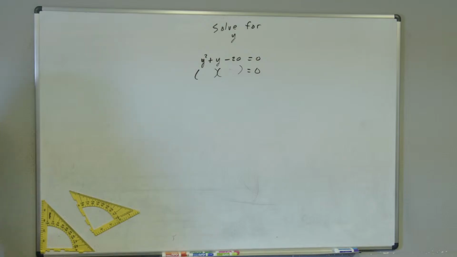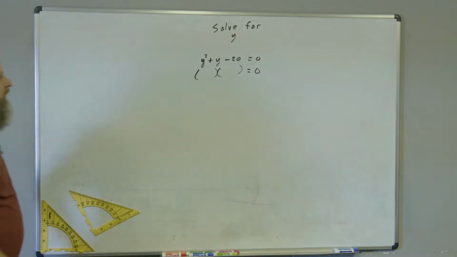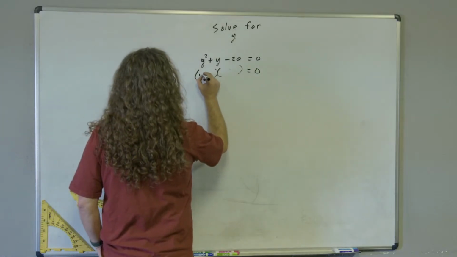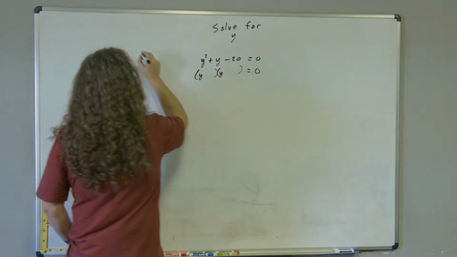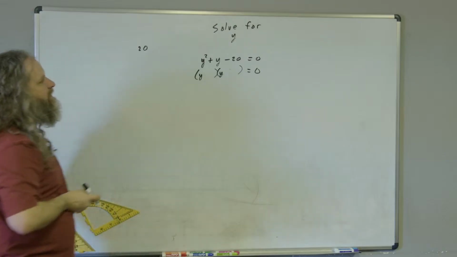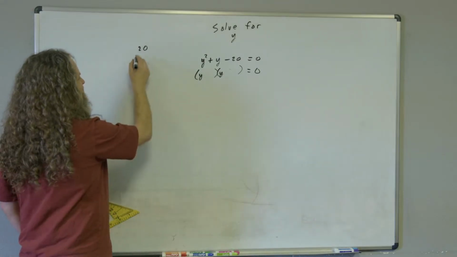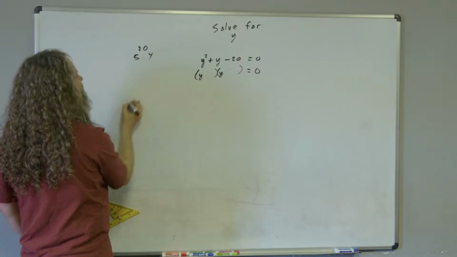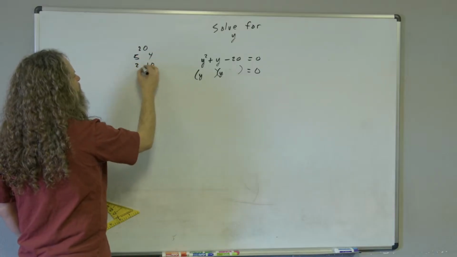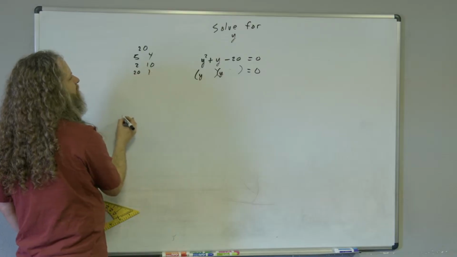What's going to go in the first slot? y and y, because y times y is y squared. What are the options for the last slot? 10 times 2.